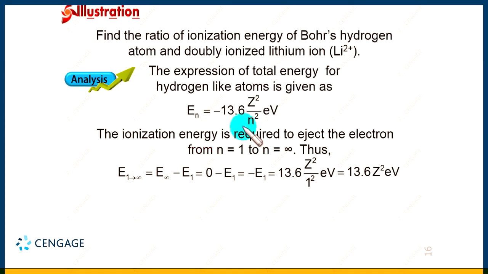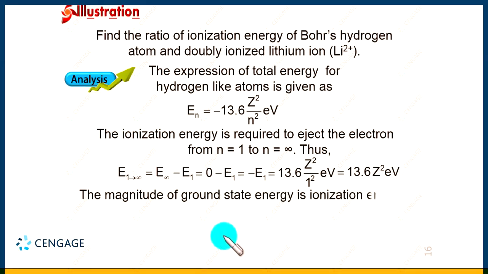Now, we can find the ratio. We need to find the ratio of the ionization energy of the Bohr's hydrogen atom and doubly ionized lithium ion. We know this energy is proportional to Z square. So, here we can write E ionization for the hydrogen divided by E ionization for the lithium, that is equal to Z square for the hydrogen divided by Z square for the lithium.